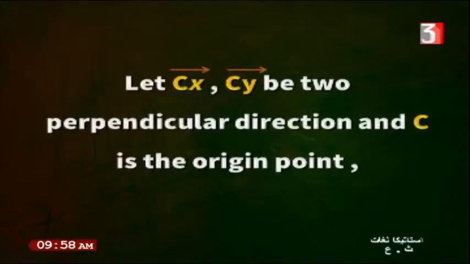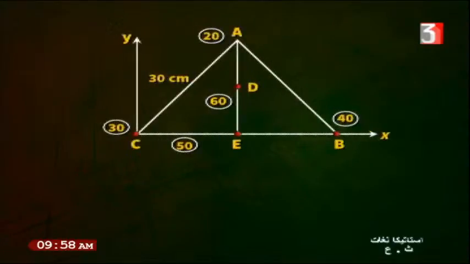Solution. Let X, Y be two perpendicular directions and C is the origin point. Look at the opposite figure. C represents the origin point. We have mass at C 30 gram, at B 40 gram, at D 60, at A 20, and at E 50.